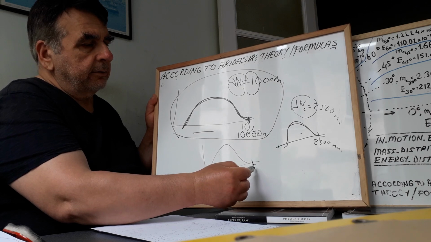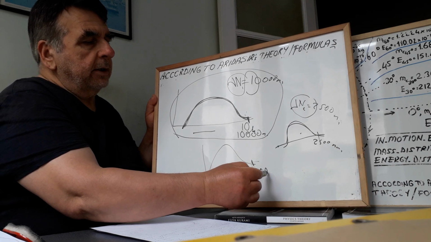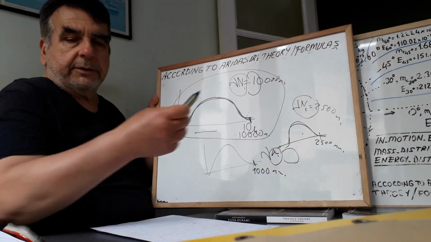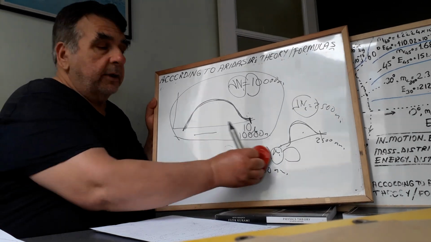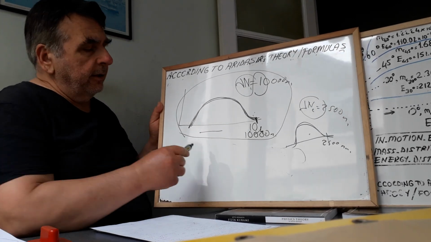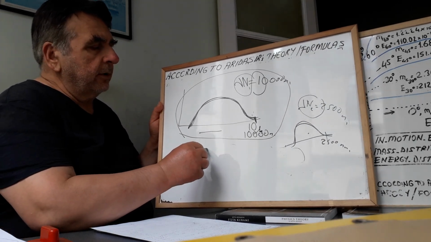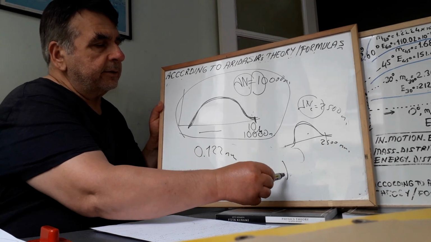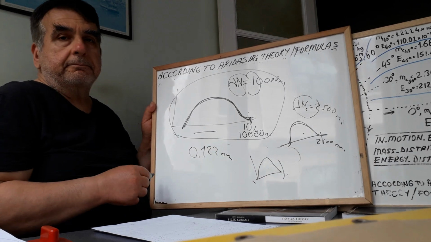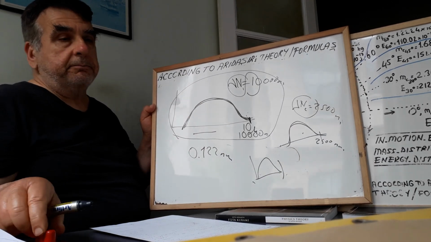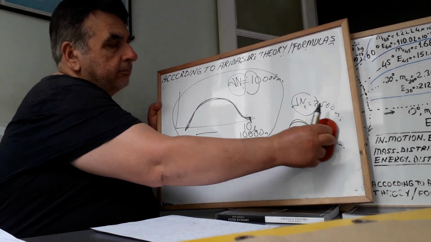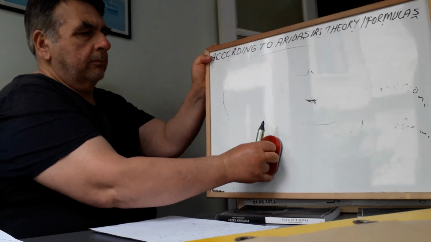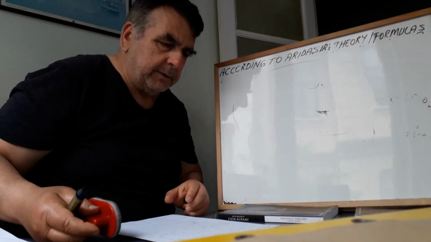This is, say, 1000 nanometer wavelength size electron motion form, lambda normal, different size. Say for X-rays, 0.122 nanometer wavelength size. Okay, continuous spectrum.